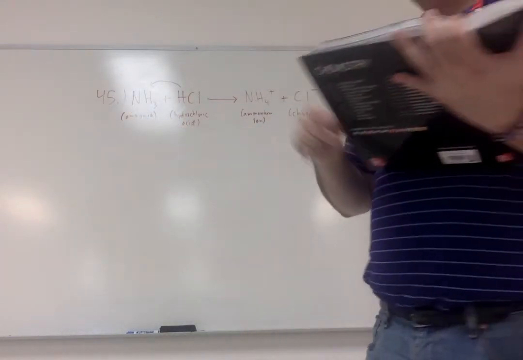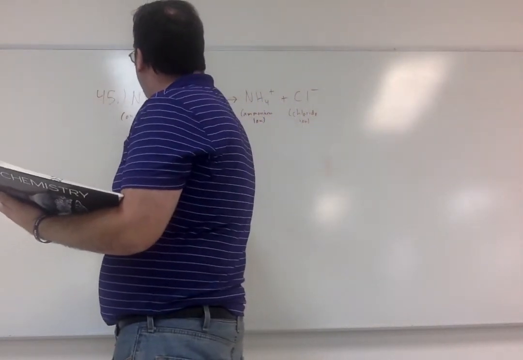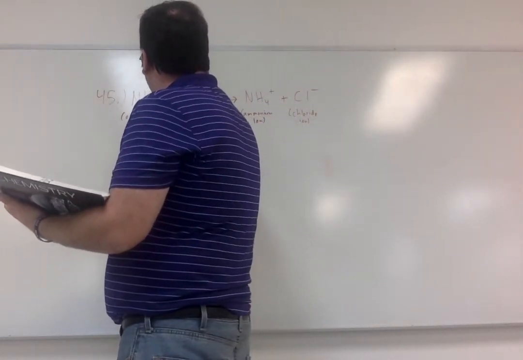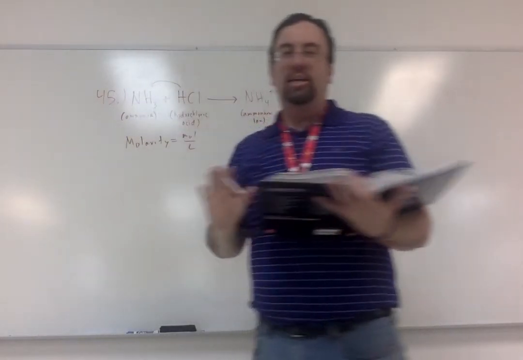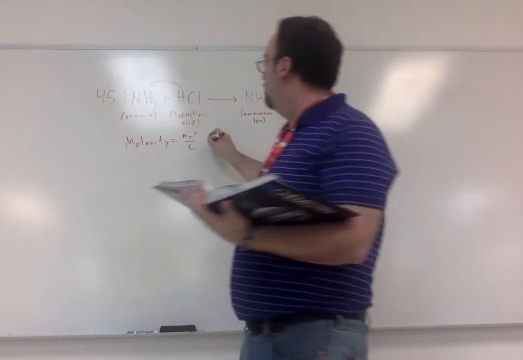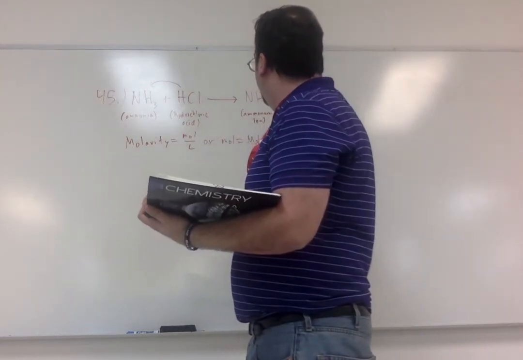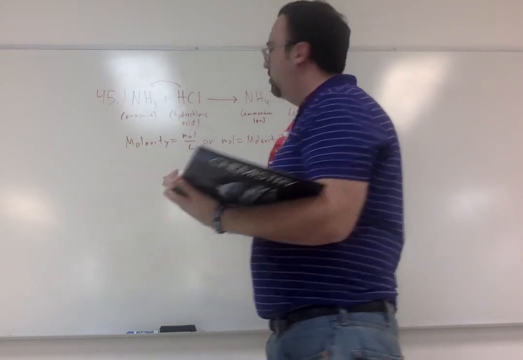Again, just to remind you, molarity is moles per liter. We can rearrange this to solve for moles by multiplying both sides by liters. So moles is equal to molarity times liters.